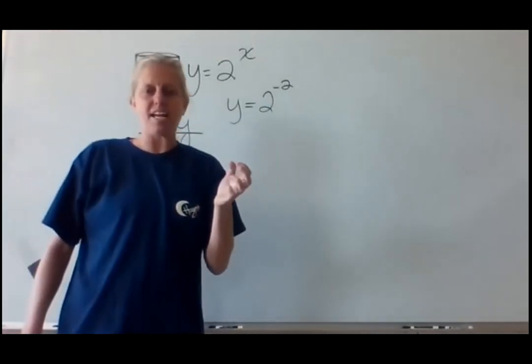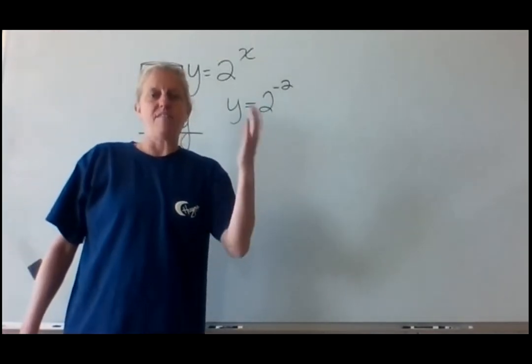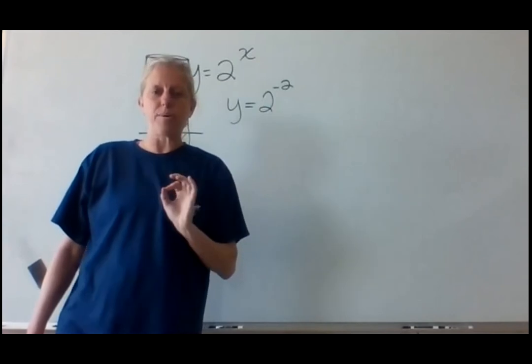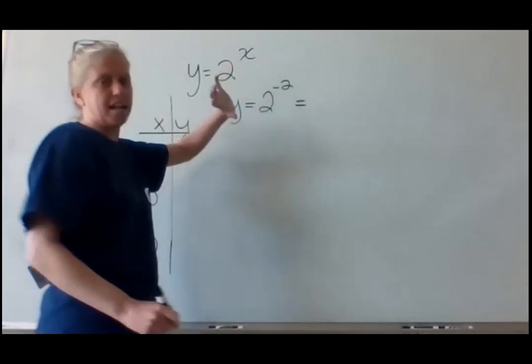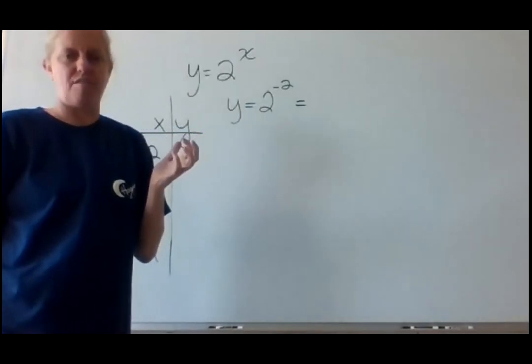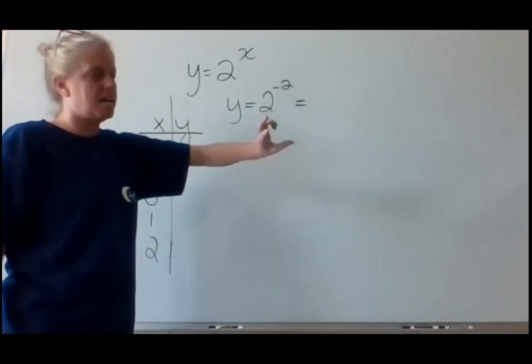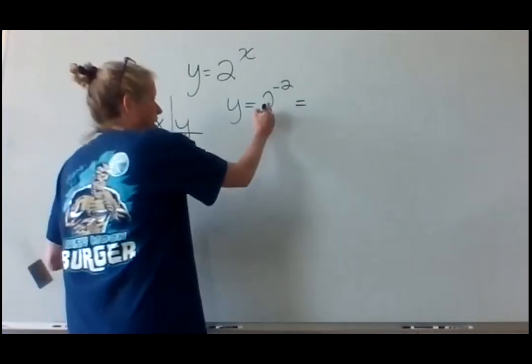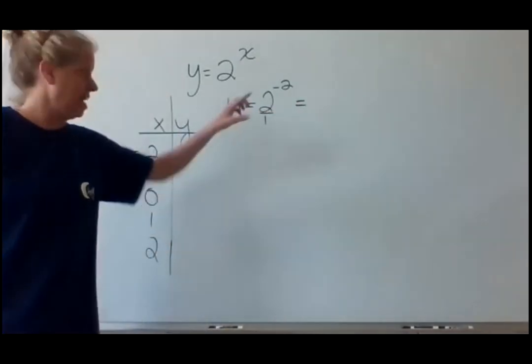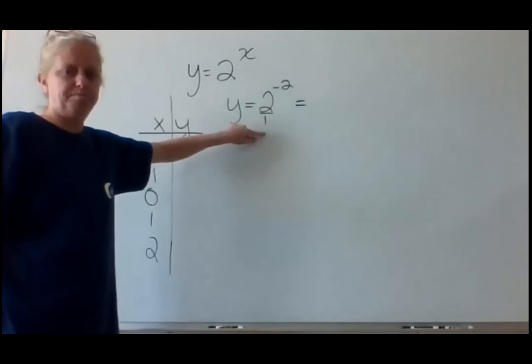Now, I have a negative exponent. If I'm going to find out what number that is equal to, I need to turn my exponent positive. And the way you do that is you flip the base upside down, which means I need to think of the base as 2 over 1.